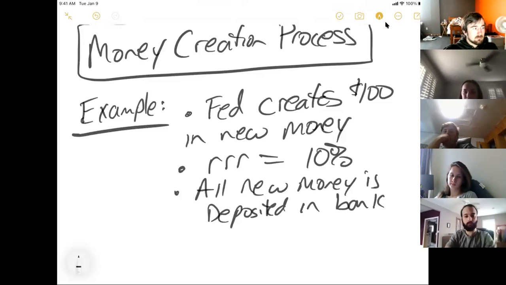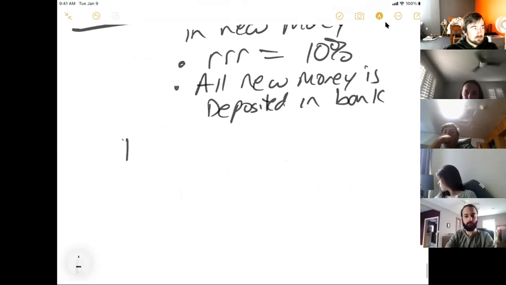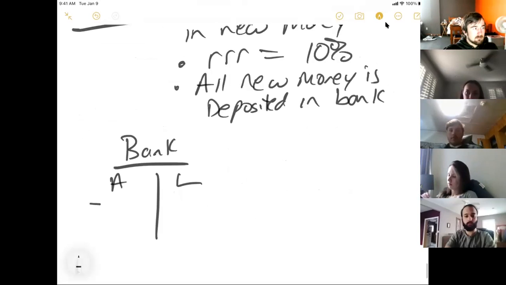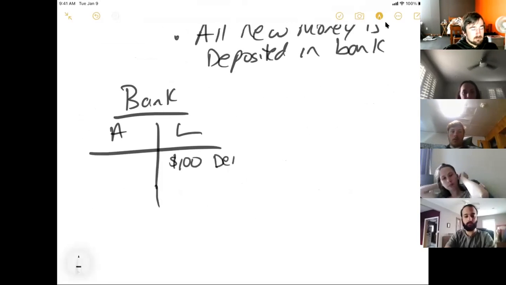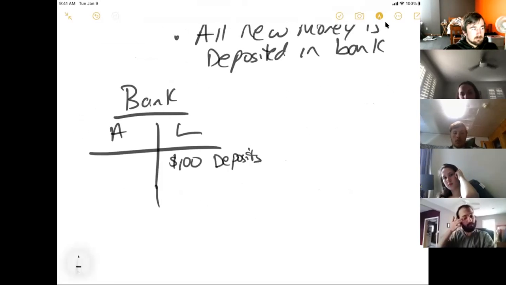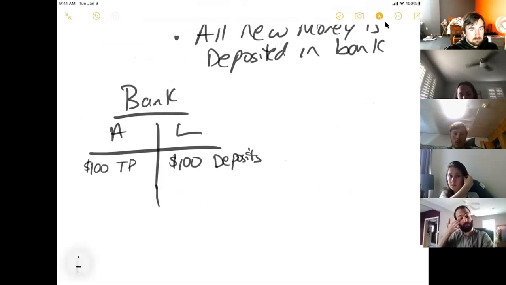They deposit it in their bank account, right? And so if you think about what happens in Walmart's bank, what has the bank gotten? They've gotten $100 in new deposits. And they've gotten $100 in total reserves.